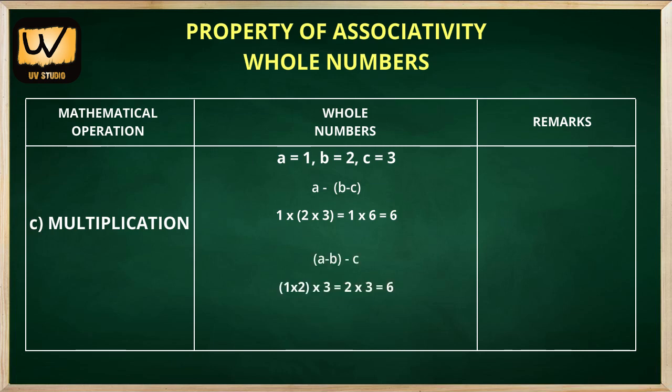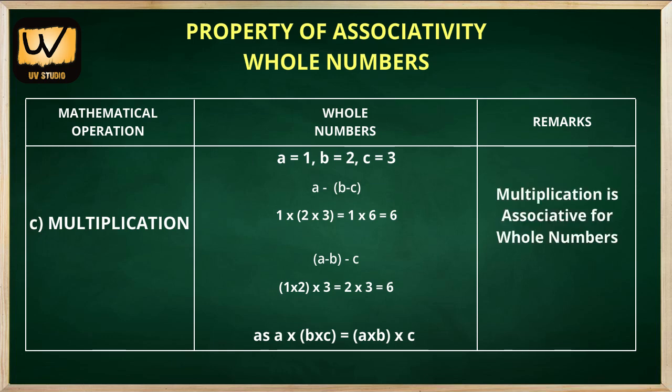And the RHS, into brackets 1 into 2, close the bracket, into 3. So how much is the bracket now? 2 into 3 outside. 2 into 3 is equal to 6. RHS is also 6, as A into brackets B into C is equal to brackets A into B into C. What is our remark? The remark is multiplication is associative for whole numbers.